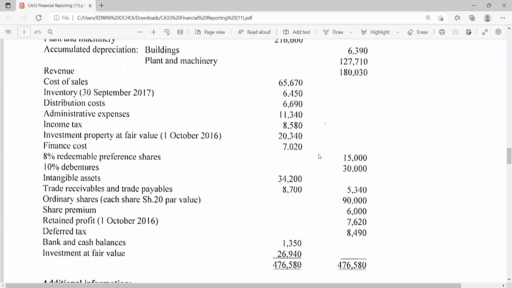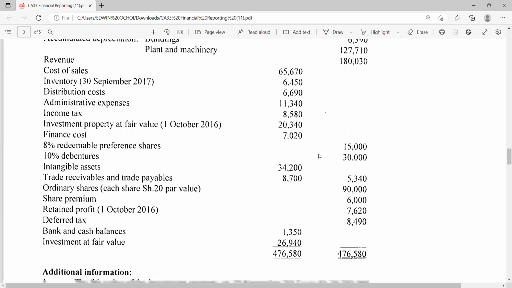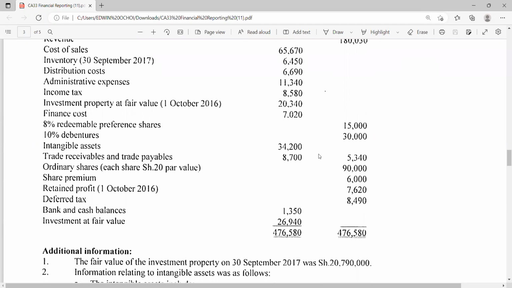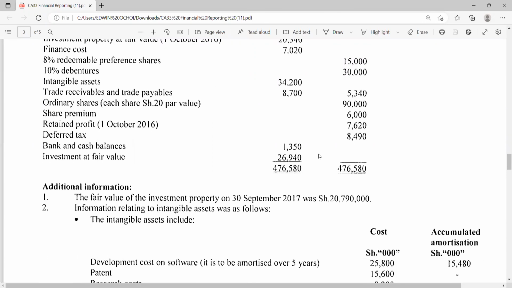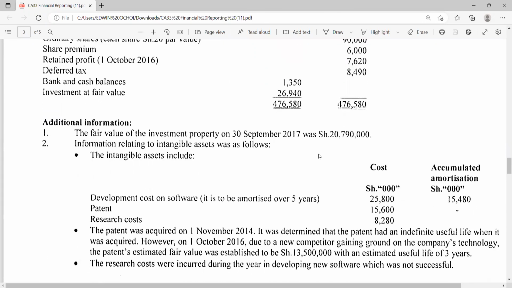We have the aspect of 8% redeemable preference shares, 10% debentures, intangible assets, trade receivables and trade payables, ordinary shares, share premium, retained profit, a deferred tax, bank and cash balances, investment at fair value, additional information.